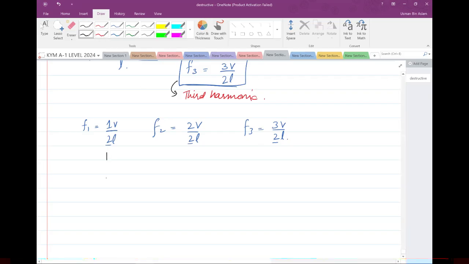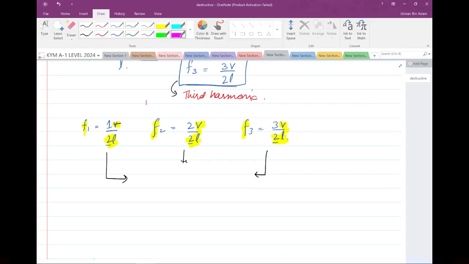Now, if I combine all these three formulas, what do we see? V by 2L, V by 2L, V by 2L. This is common for all three formulas. Even the F is also common for all three formulas.